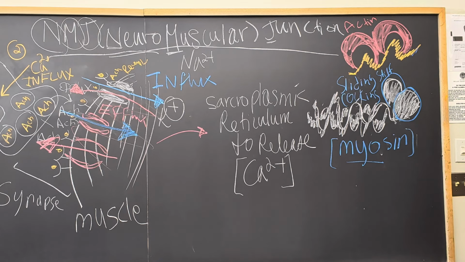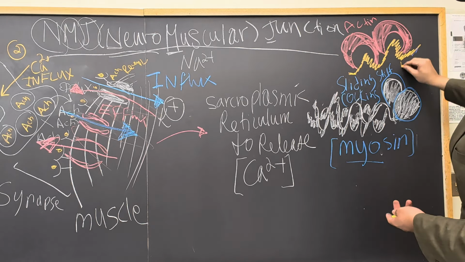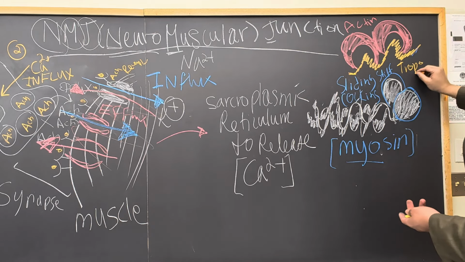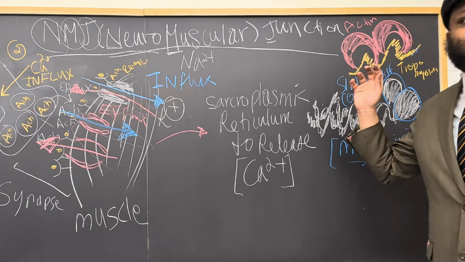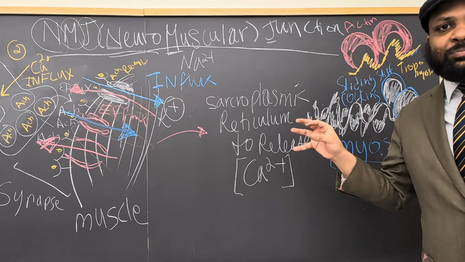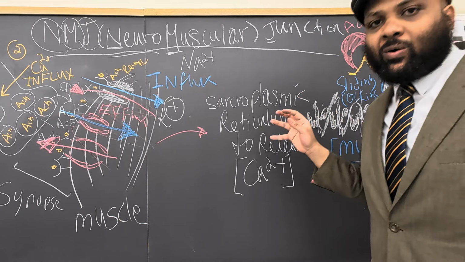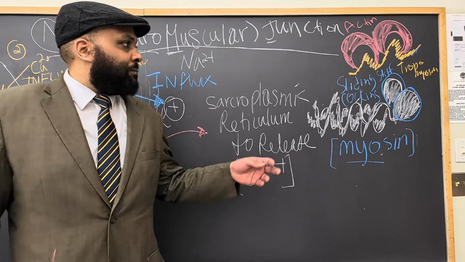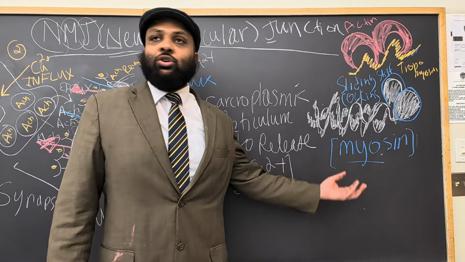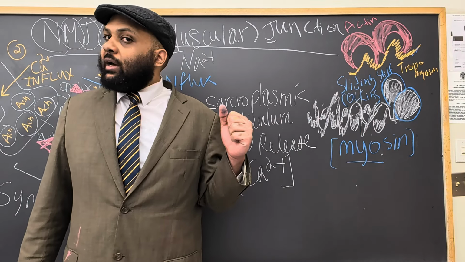So this orange one is tropomyosin. Tropomyosin's job is to cover the holes, the active pockets, and not allow the myosin to go inside the actin pocket.